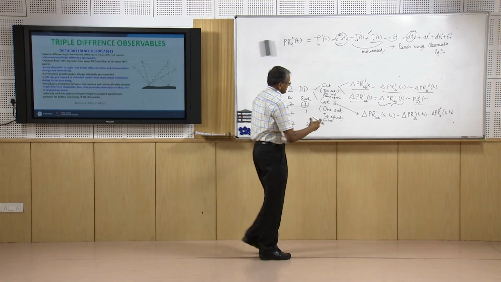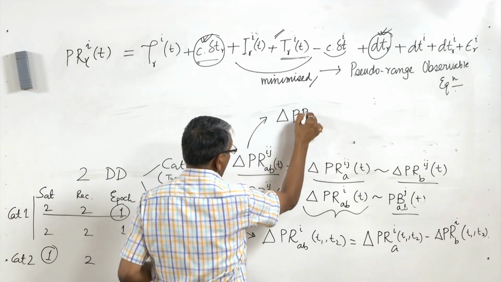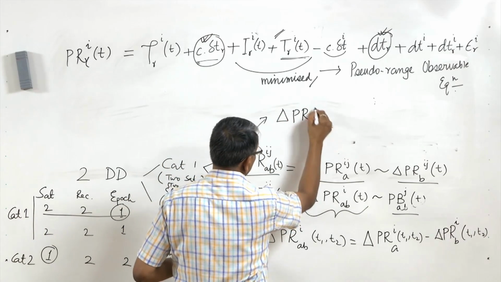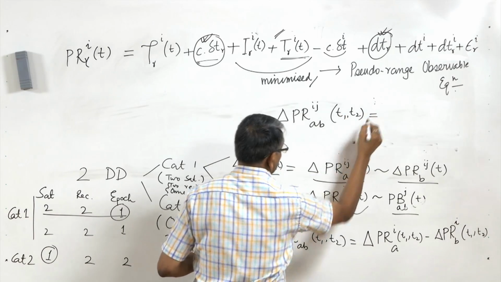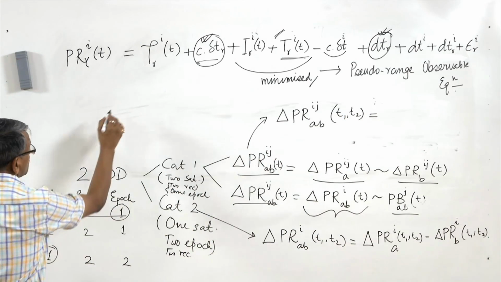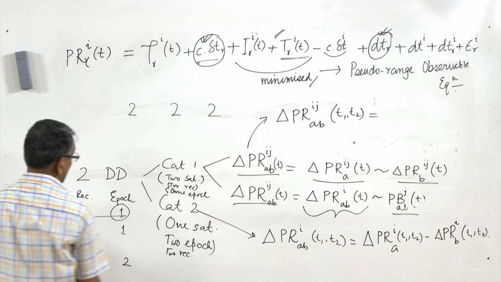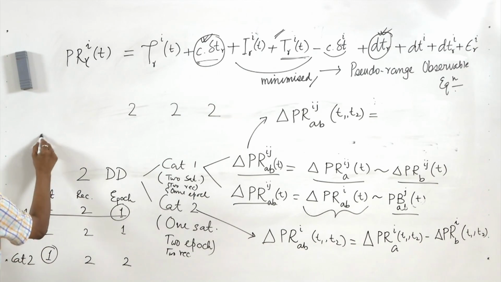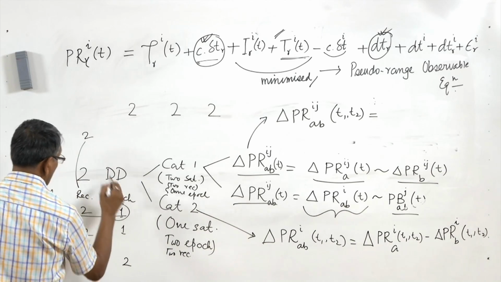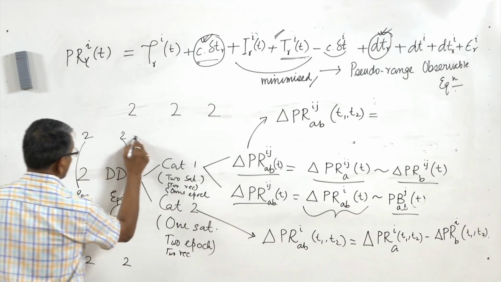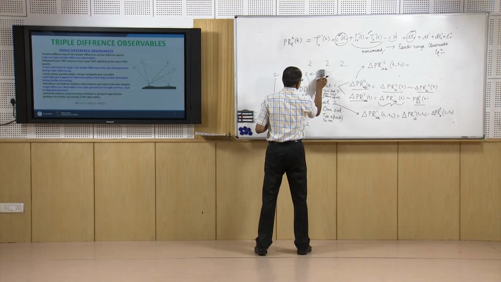So, if we take this del P R A B I J T1 and T2, that means we are taking two receivers, two satellites at two epochs of observation. So, two satellites, two receivers, two epochs of observation we will get for the triple difference observable.